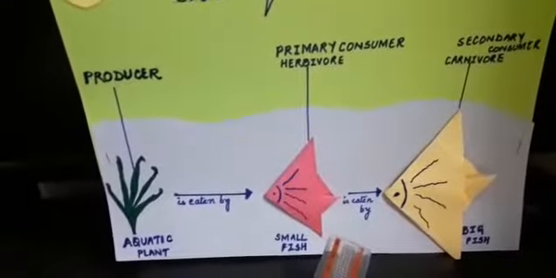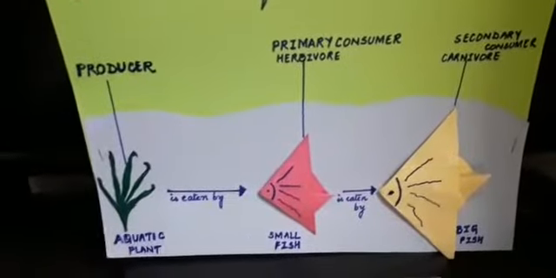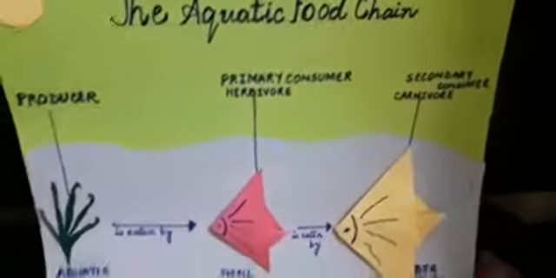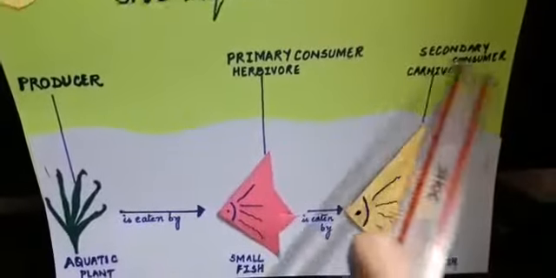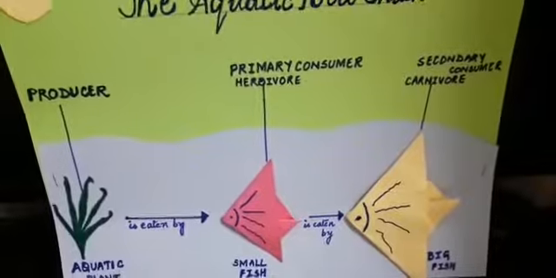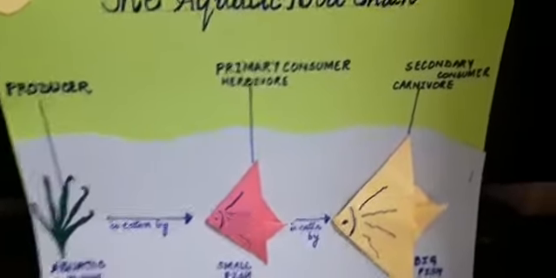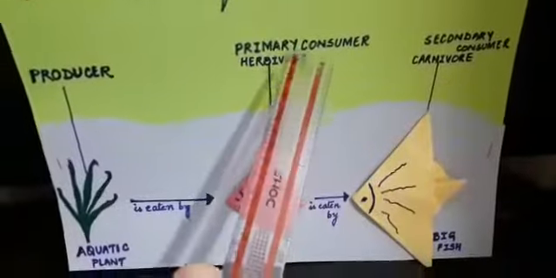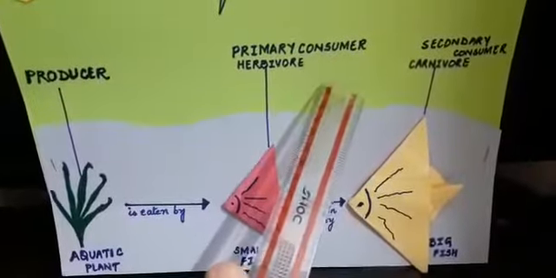The herbivore is eaten by either an omnivore or a carnivore. Here in the diagram you can see the big fish is a carnivore. Carnivores are the animals that eat flesh of other animals, and they are called secondary consumers. Primary consumer means the first consumer.